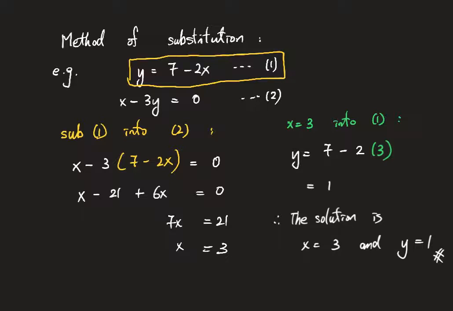Okay, let me show you one more example. This example is different from the first example because a and b are not the subject terms in both these two equations.